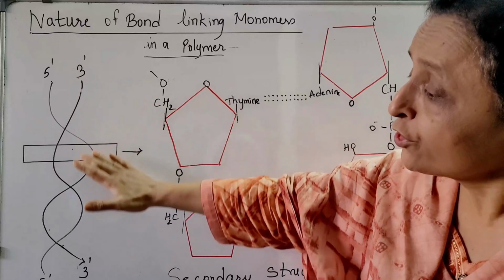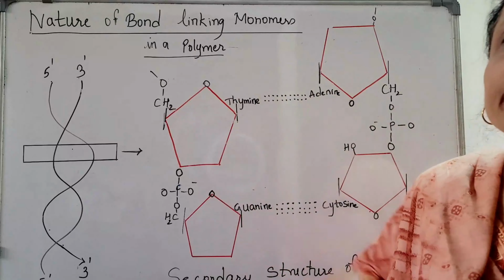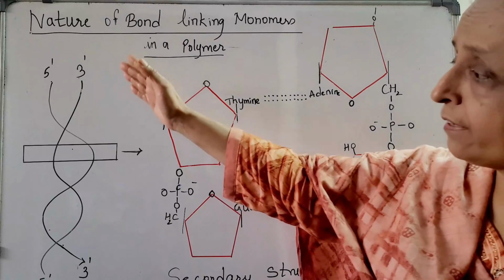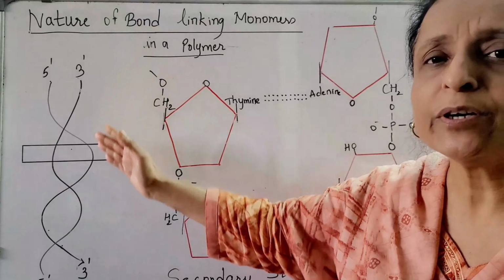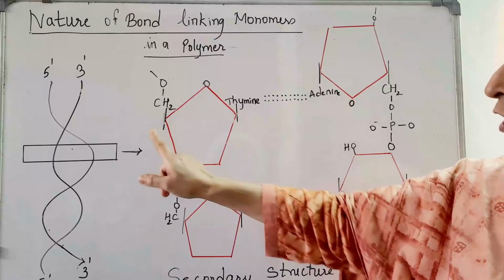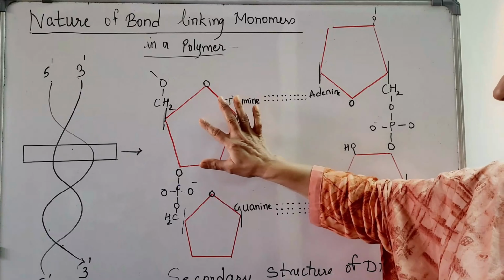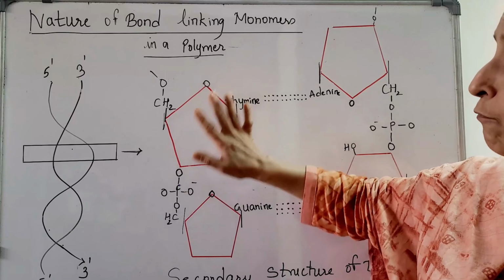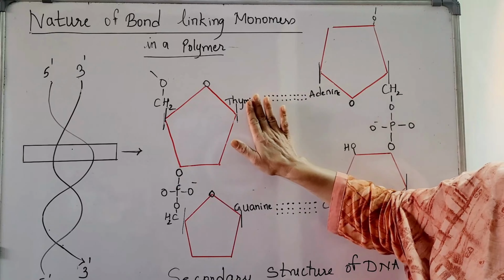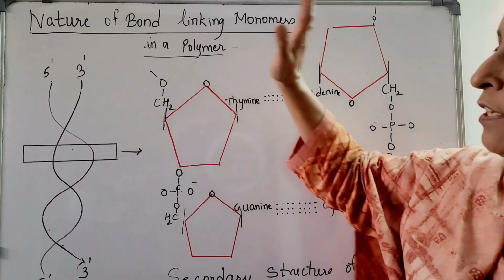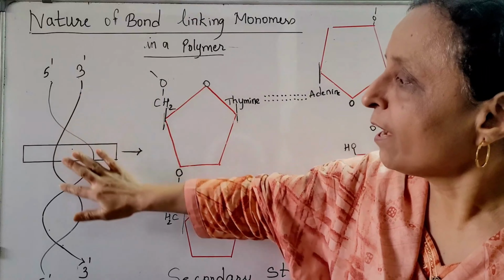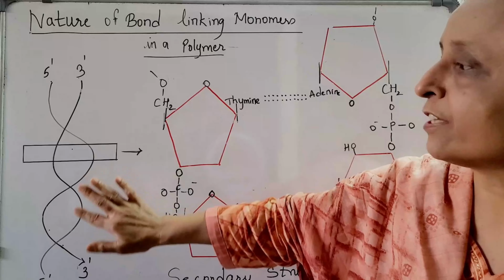Now 10 nucleotides will be arranged in a chain, a polymer of 10 nucleotides. One nucleotide is formed of the sugar, phosphate group and a nitrogenous base. So this is one nucleotide. Here one strand will have 10, the other will have 10.